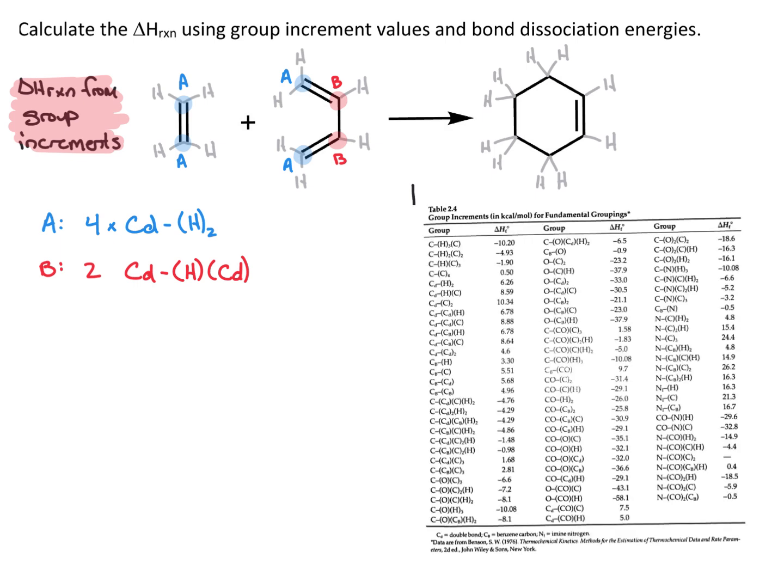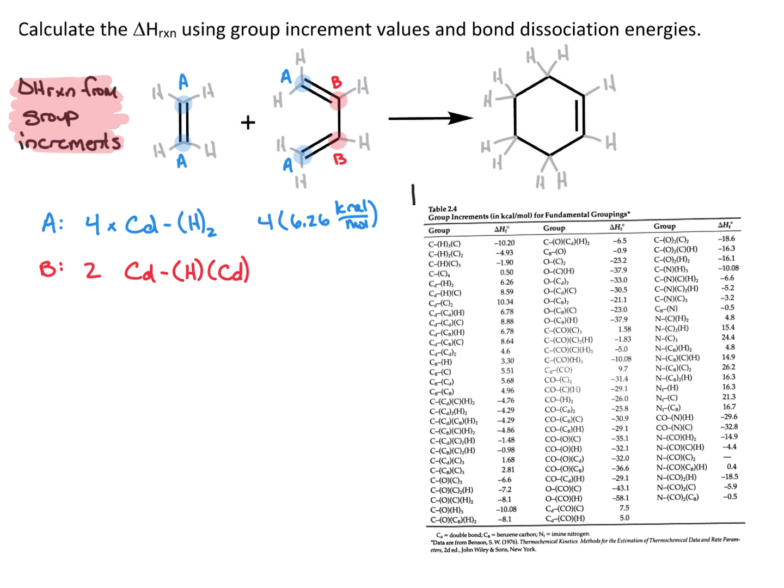All right, so I'll pull up our group increment table for just a moment here. So what we're looking for is carbon double bonded to H2. We have that right here, 6.26. So I'm going to do 4 times 6.26 kcals per mole. Right, then we're looking for a carbon double bonded to an H and a carbon double.